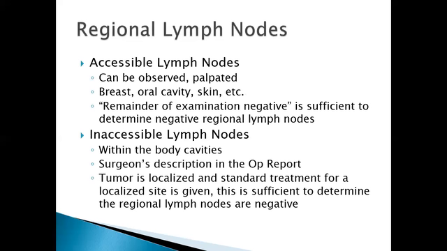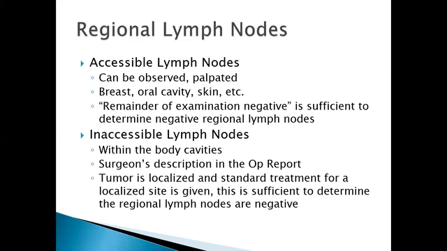An example of this could be a patient that did not have a primary tumor surgically removed. For instance, a lung tumor for a patient that cannot undergo surgery for some reason. If the patient would receive radiation to that lung tumor only, then we can assume that the lymph nodes are negative, okay?